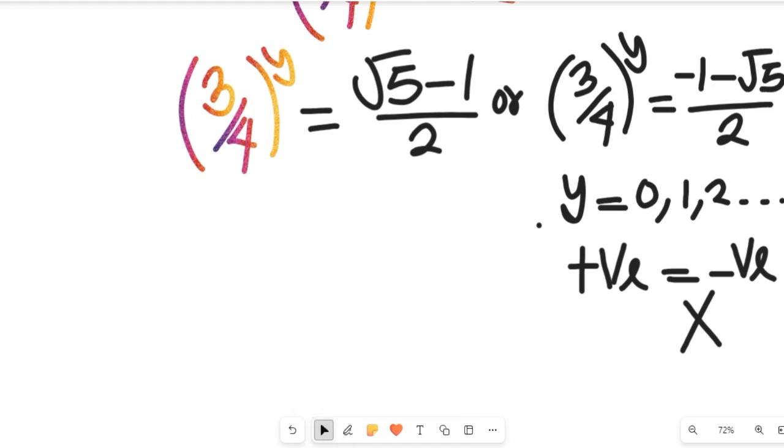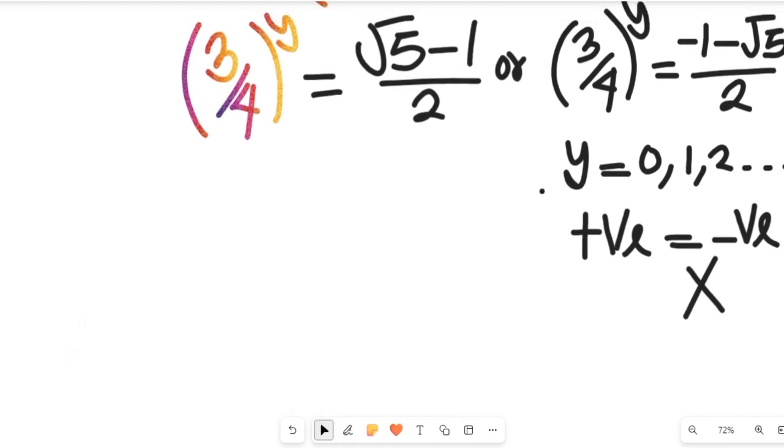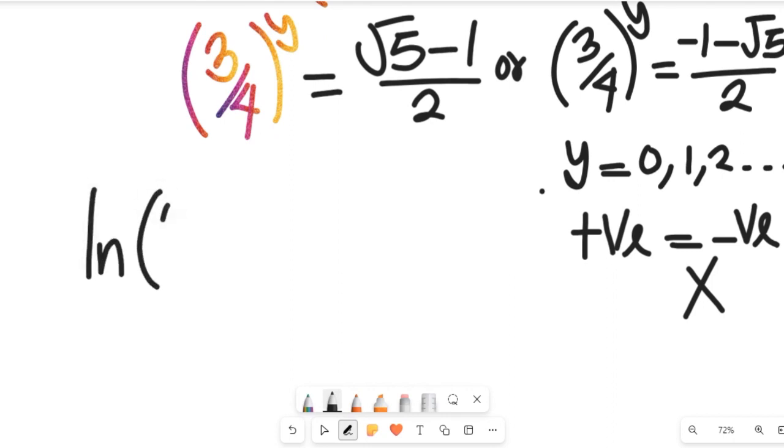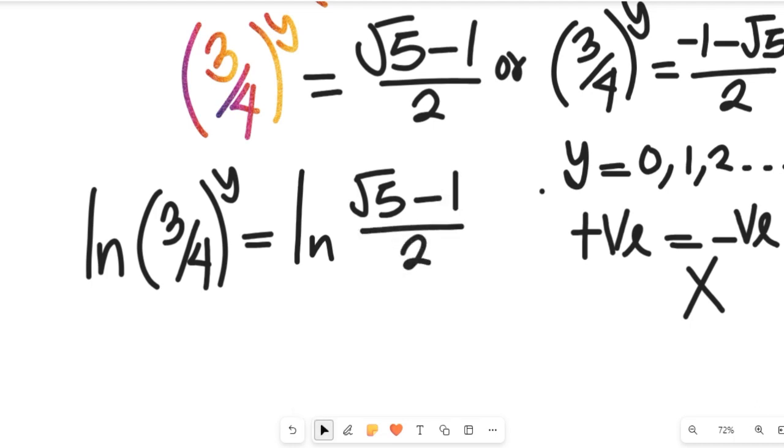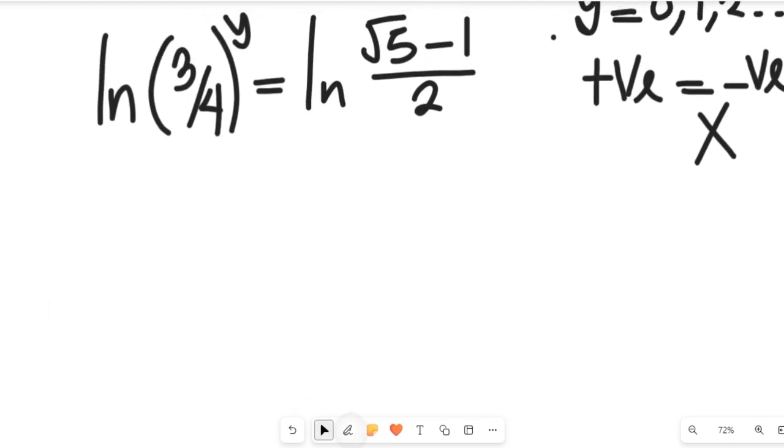To find the value of y here, we are going to simply use the natural logarithm. So we're going to take the natural log of 3 divided by 4 to the power of y equal to the natural log of root 5 minus 1 divided by 2.